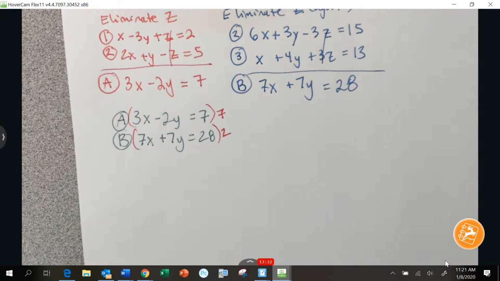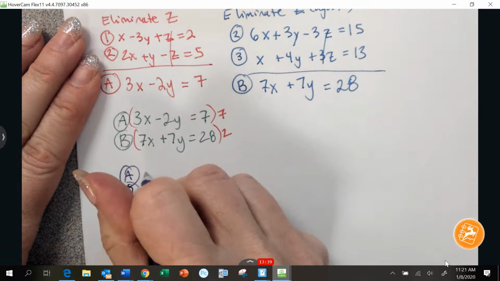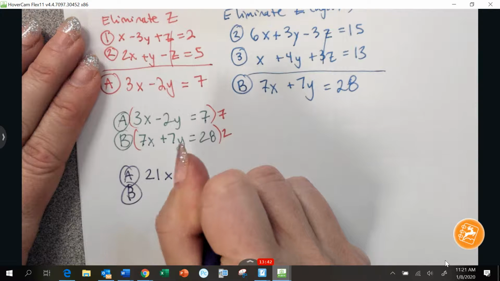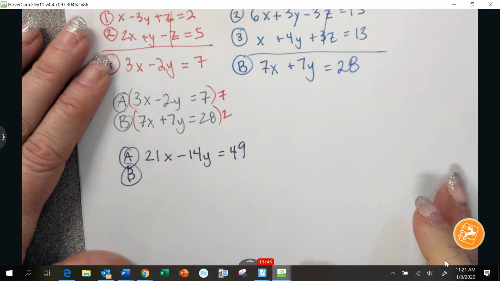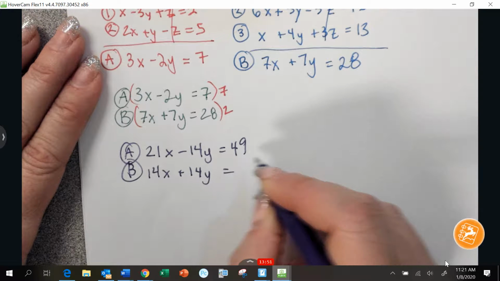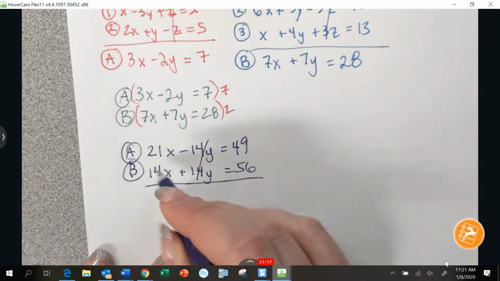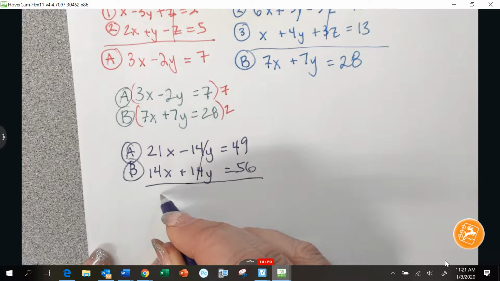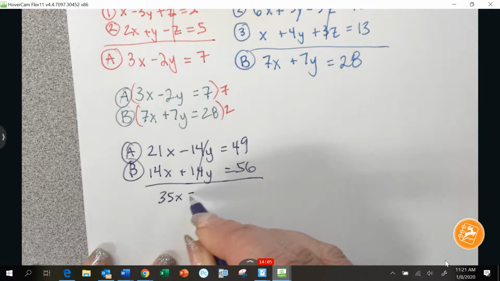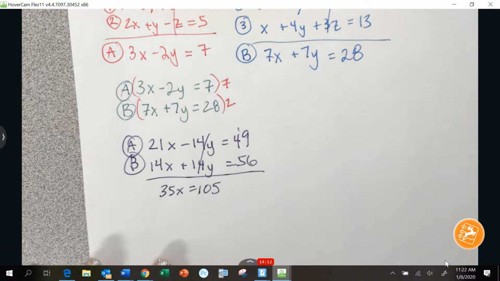I need another color. So my new a. Did I do my math right?